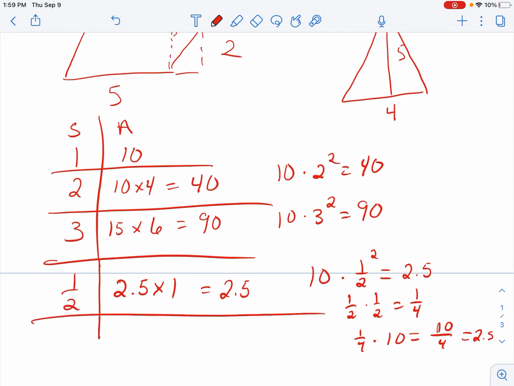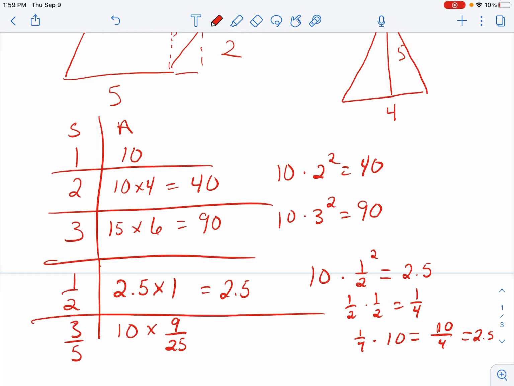Okay, and the same thing is going to apply for, I believe it's the 3/5. Now you're just multiplying 10 by 3 squared, or 3 times 3, which is 9. 5 times 5, which is 25. That'd be 90 divided by 25.